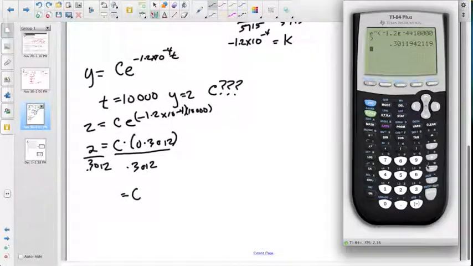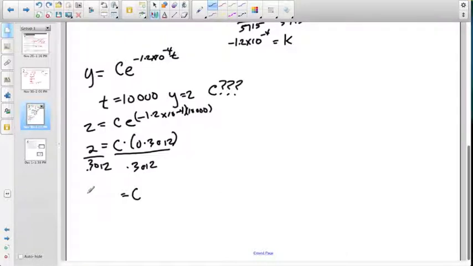So I'm going to take the reciprocal of that times 2, and we're looking at an initial value of 6.64 grams. So as you can see, we're getting close to that initial estimate of 8 grams that was present 10,000 years prior to finding the 2 grams.